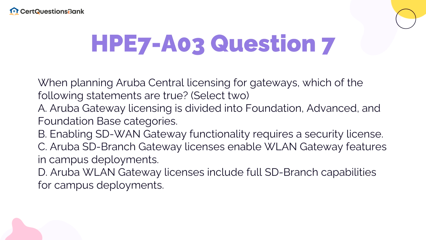B. Enabling SD-WAN gateway functionality requires a security license. C. Aruba SD-Branch gateway licenses enable WLAN gateway features in campus deployments. D. Aruba WLAN gateway licenses include full SD-Branch capabilities for campus deployments.